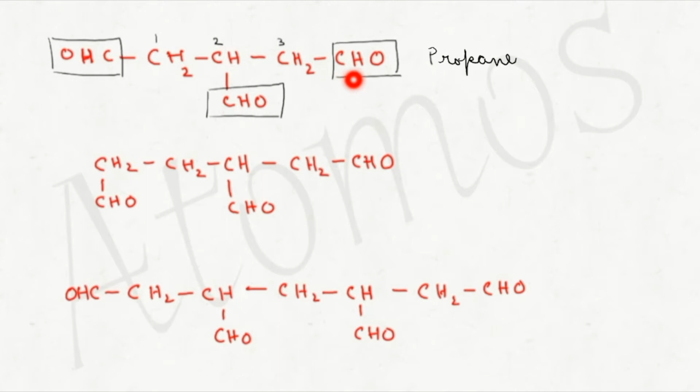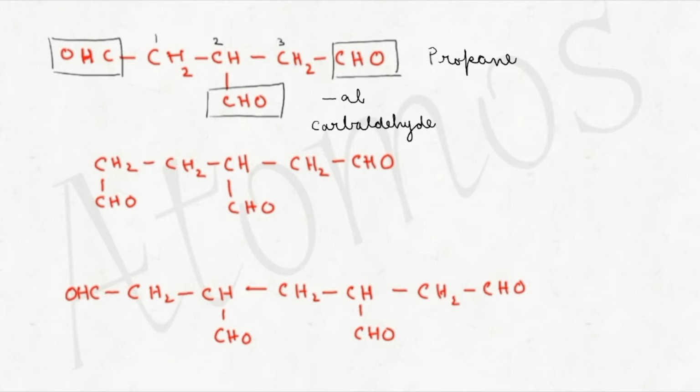We won't be using the suffix al. In the previous video also, we were discussing it. When we are choosing the longest carbon chain, excluding this aldehyde carbon atom, instead of suffix al, we will be using the suffix carbaldehyde. So, you should remember that in this case also.